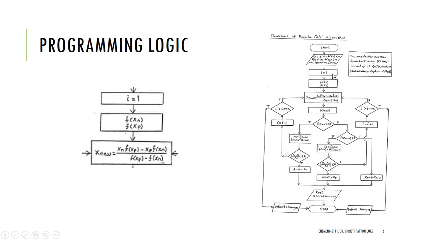The programming logic is virtually identical to what we had before. I'm going to bring in my input information, the two endpoints, start my counter on my loop, evaluate the function, and then calculate a new value of x new.